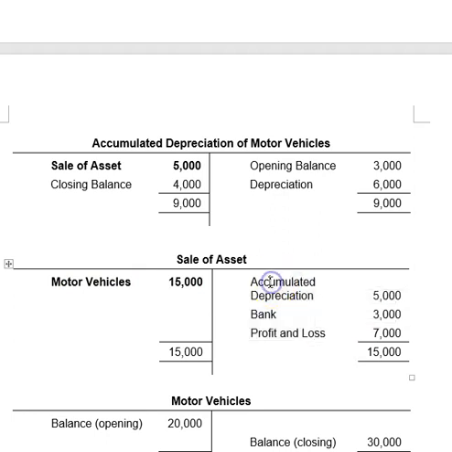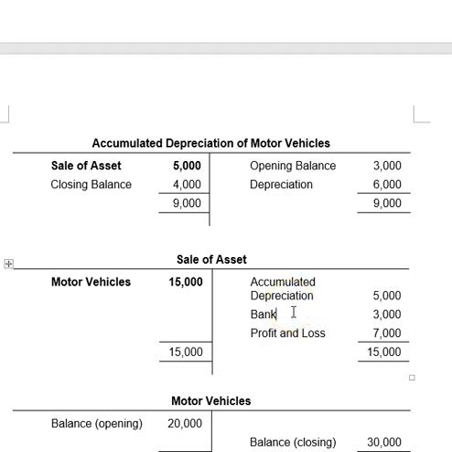So the sale of asset account is very easy to reconstruct because you only need 4 items. The first item is the cost of the motor vehicles that you have sold. The second is the accumulated depreciation of the motor vehicles that you have sold. Number 3 is the amount of cash that you receive from the sale of motor vehicles. Number 4 is the gain or loss from the sale of motor vehicles.